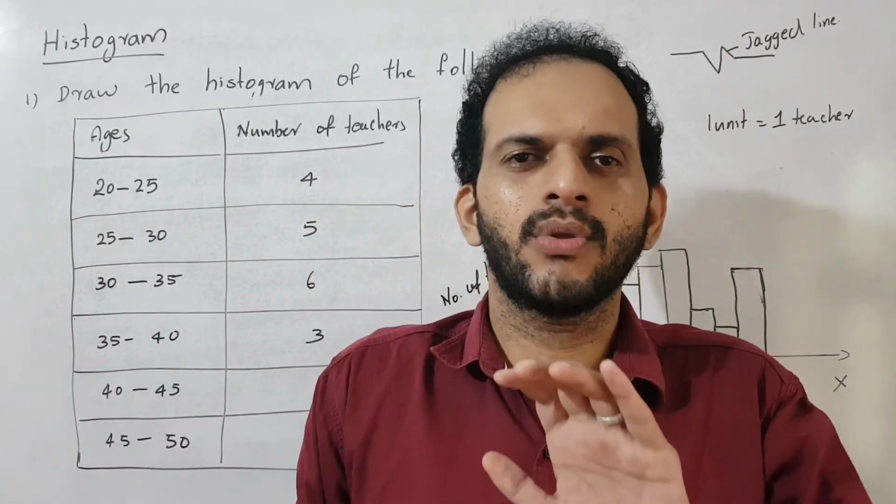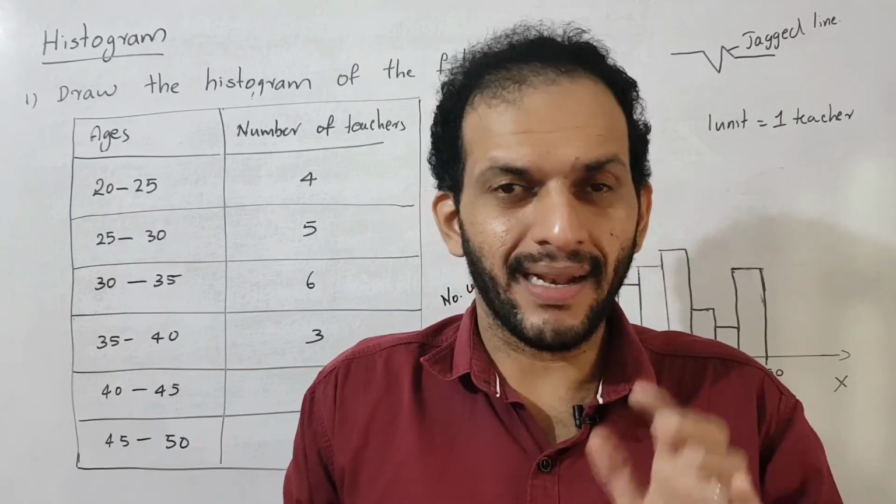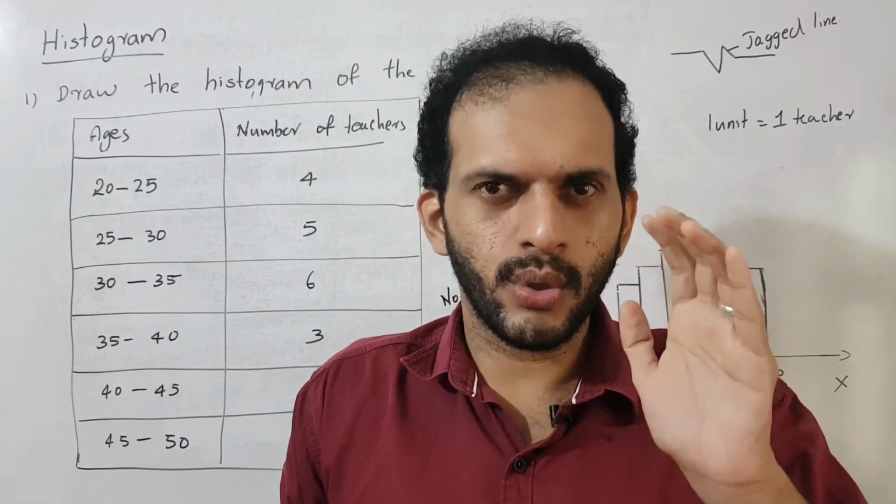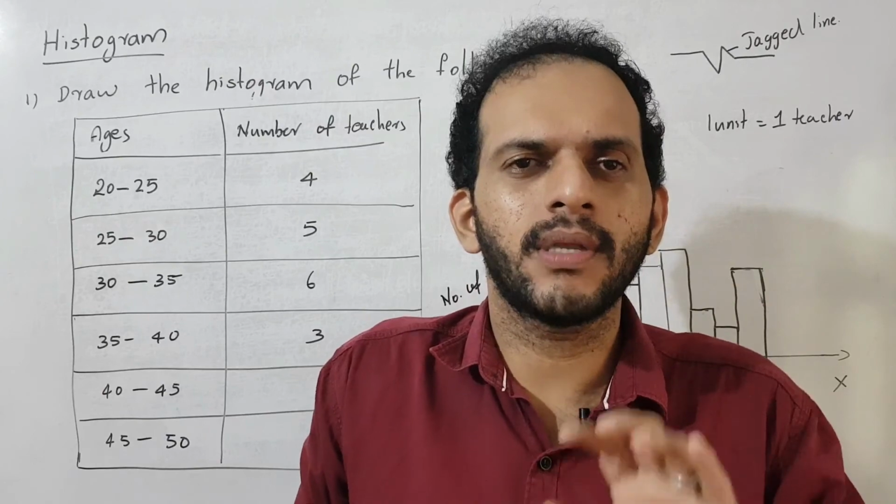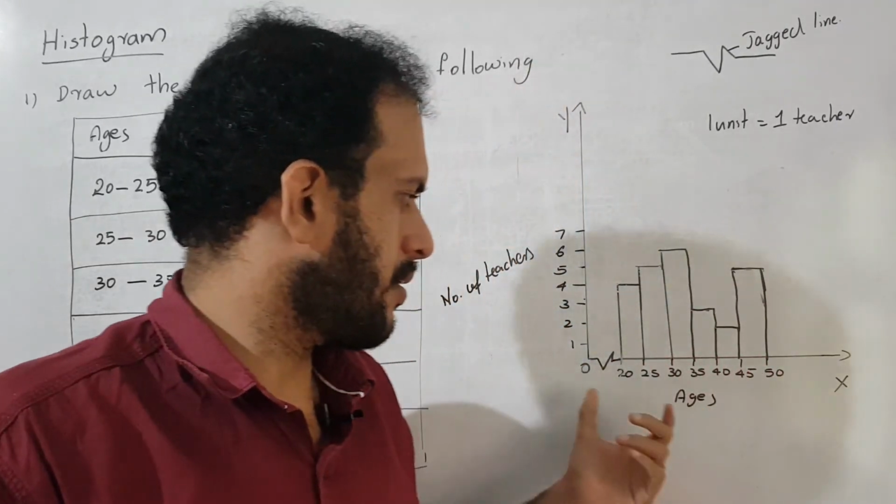The jagged line is used to show there is no number, there is no class in between this.